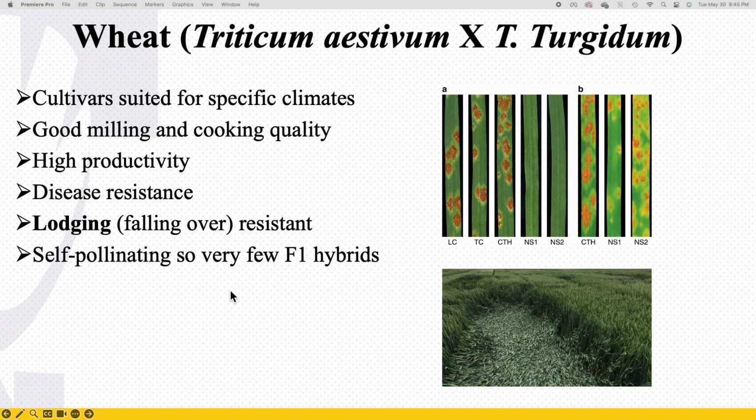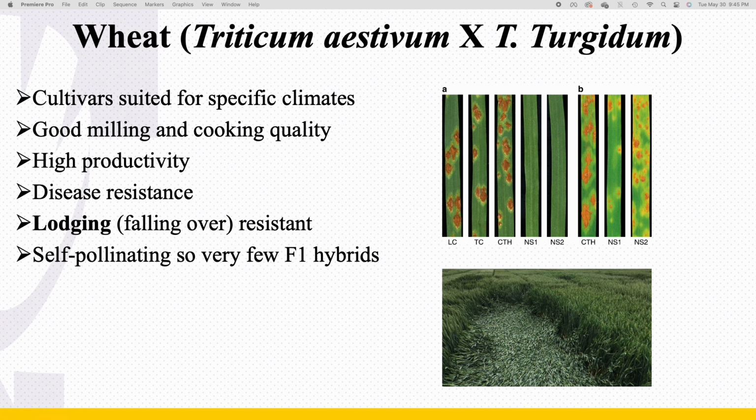So smaller stature is not necessarily going to be subject to the same tall, spindly wheat that, when a strong gust comes and blows the crop over, we've basically wasted our time and our money and our efforts and our energy. One of the problems with this is that it is self-pollinated, so we don't really get any new hybrids.